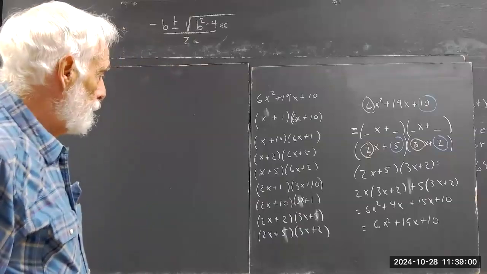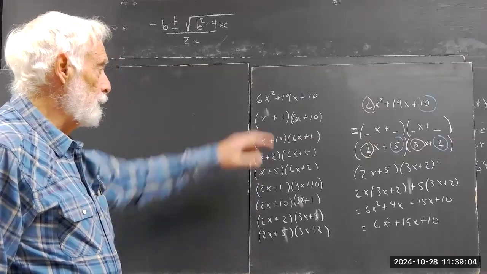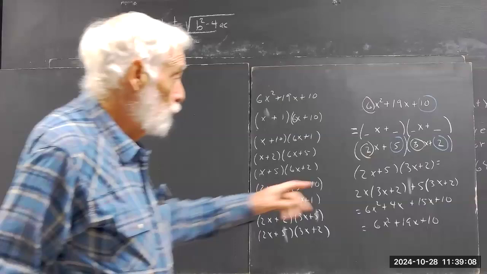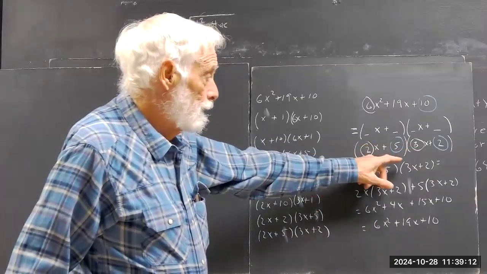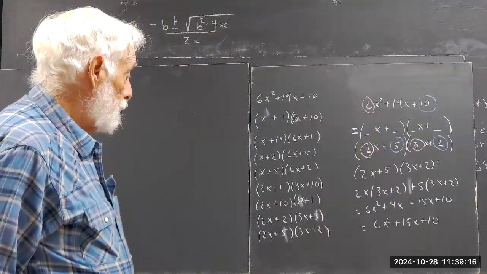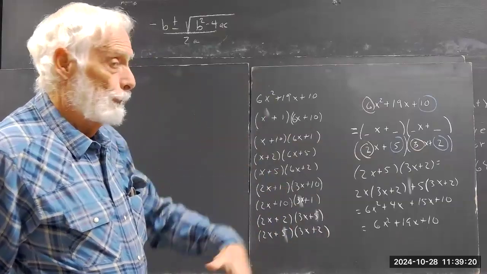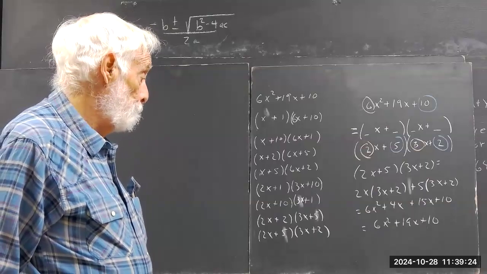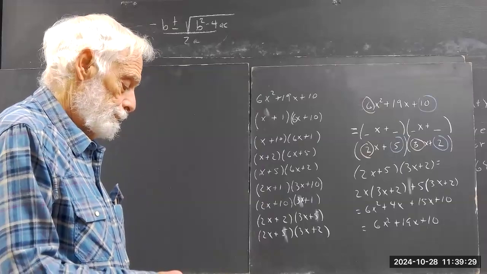Well, right there are pretty much all the possibilities if we're going to factor this over the integers. In other words, I'm going to get whole numbers, integers, for the coefficients. Whole numbers would be positive; integers could be positive or negative. There are 8 possibilities.